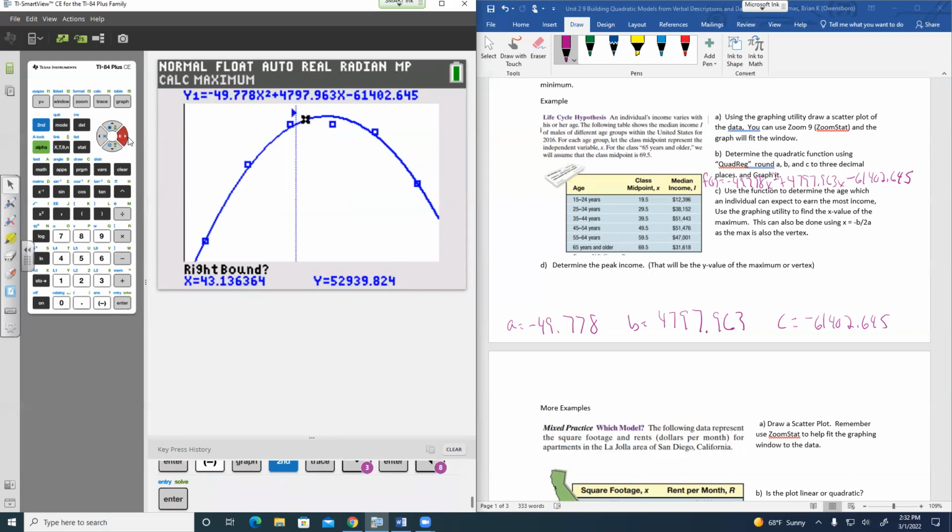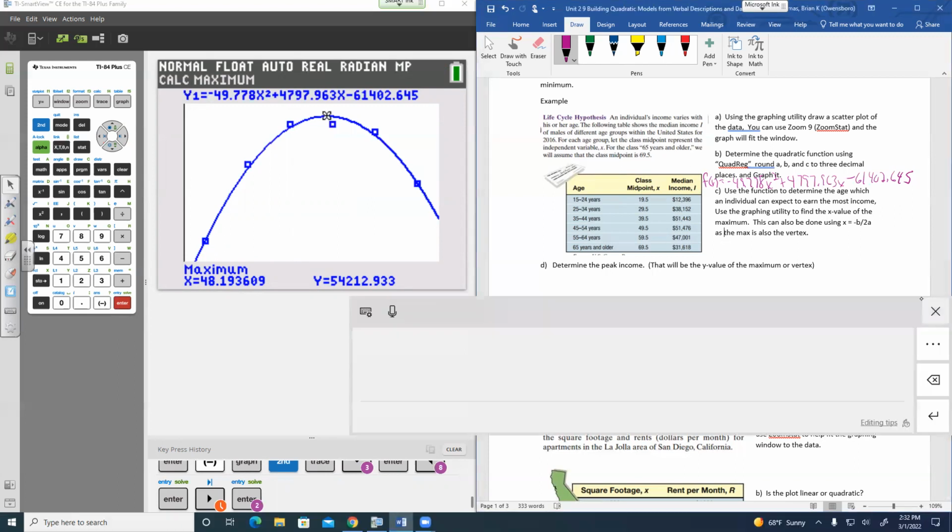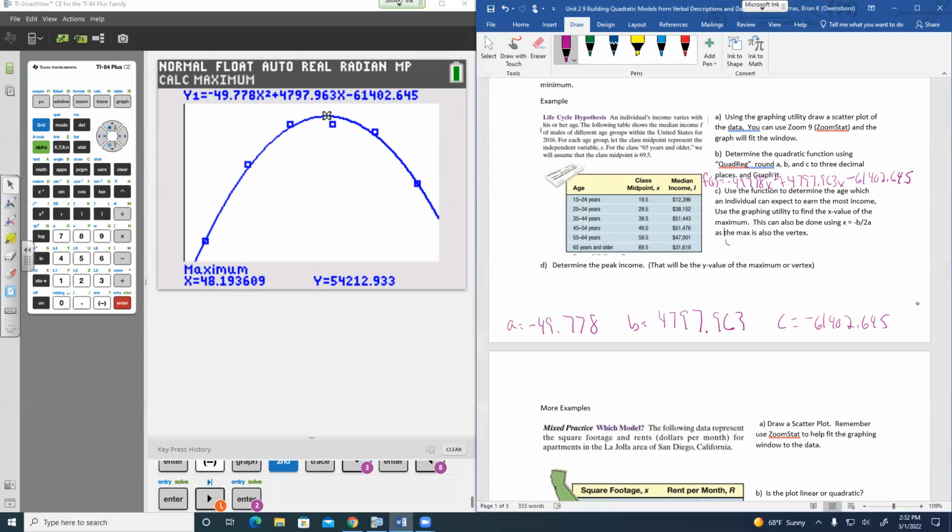Then if I make a right bound, hit enter again, and it'll take me to the age. And I believe the ages are rounded to the tenths place. So 48.2 would be the expected age where your income would be maxing out based on this data.